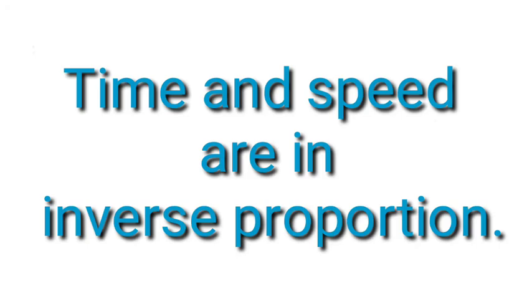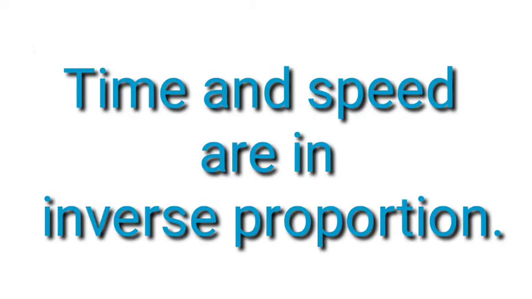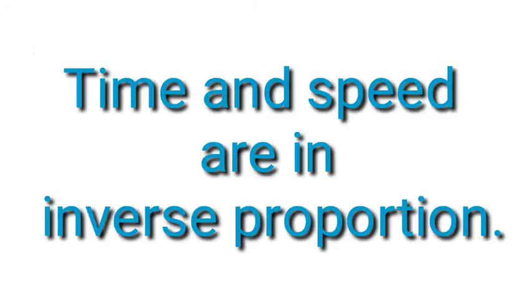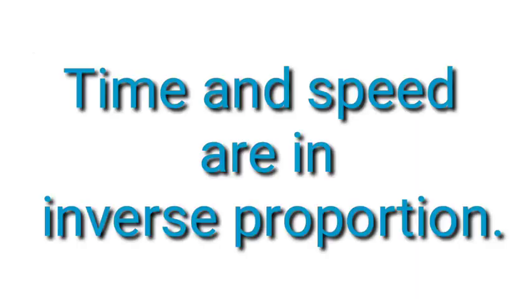So once again, an increase in the first quantity causes a decrease in the other in the same proportion. Then the pair is in inverse variation. That means speed and time are inversely proportional to each other. So these are examples of inverse variation. I hope you understood.